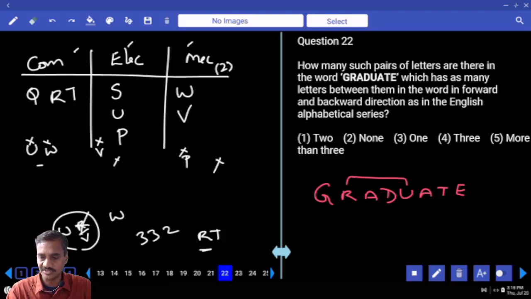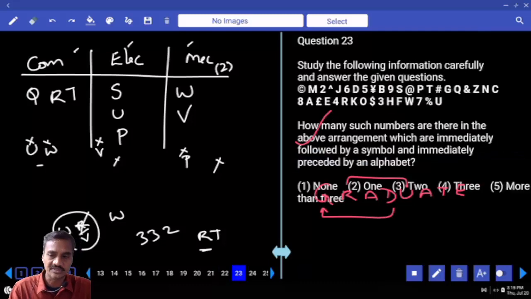R and U, there is a pair. STU, A, BCDEF, DEFGH, and UA. Left to right 1. Again in the reverse. ABCDEF, U, DEFG. And so many pairs? 2 pairs. Choice 1, question 22.